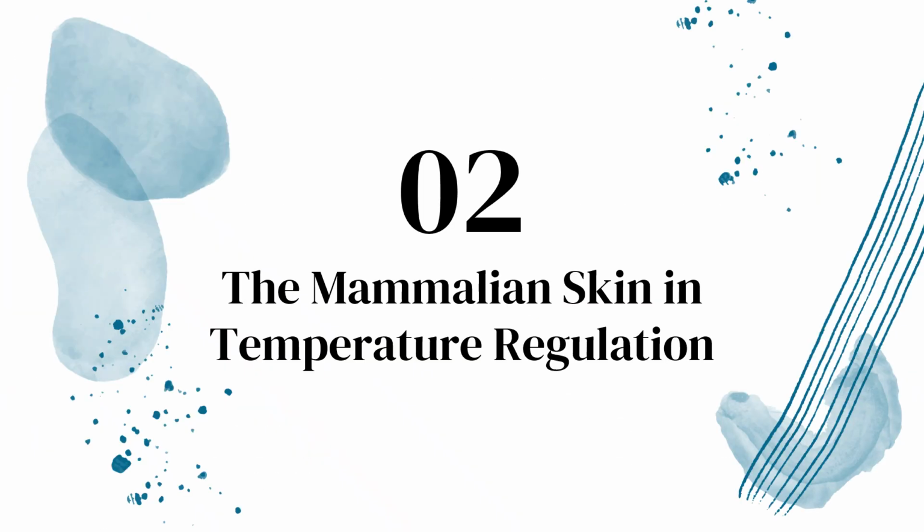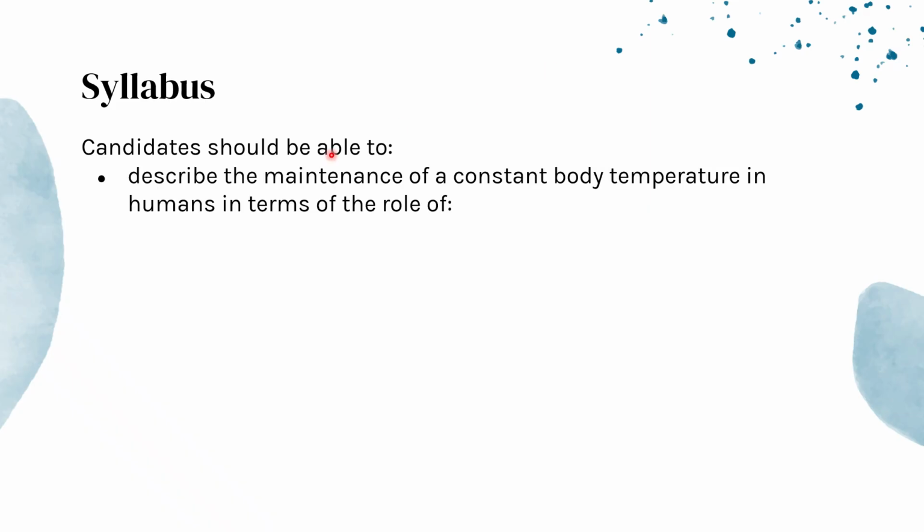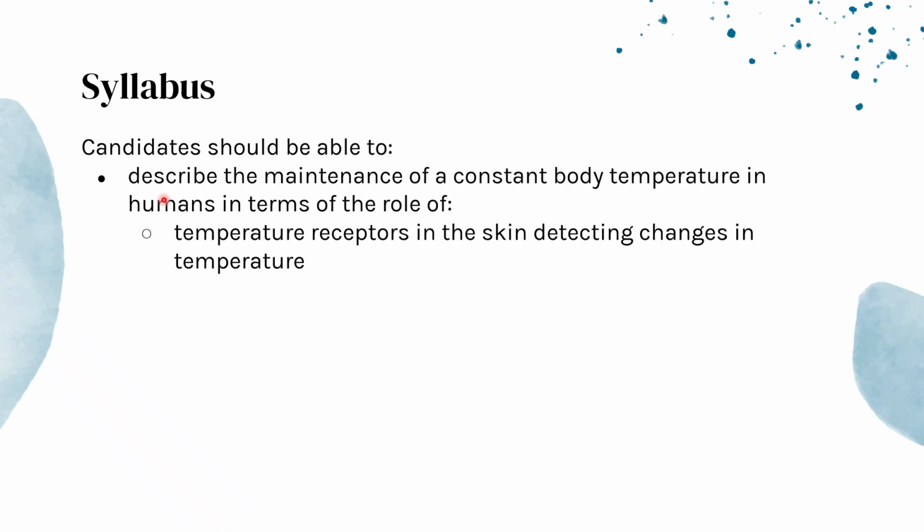So let's begin. From the syllabus, these are the things that you need to know. To describe the maintenance of a constant body temperature in humans in terms of the role of, one, receptors in the skin. I will elaborate more on this later. These receptors in the skin can detect changes in temperature.